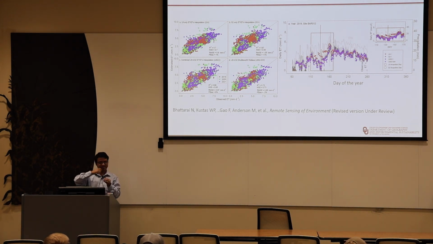Each sensor takes 10 days to revisit us, right? And when you combine two sensors, you get an image every 5 days. So when you combine the 5-day Sentinel-2 and Landsat, you get an image every few days, right? When you do that, you capture the temporal variation in ET better than with a single sensor. That is what we found in California.